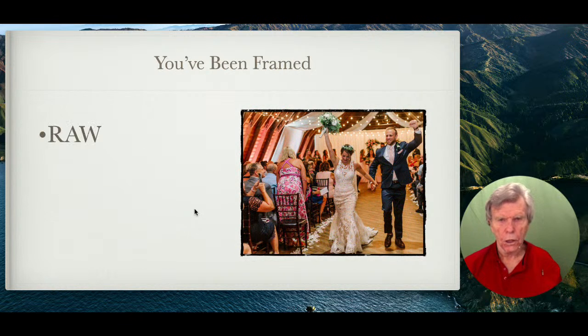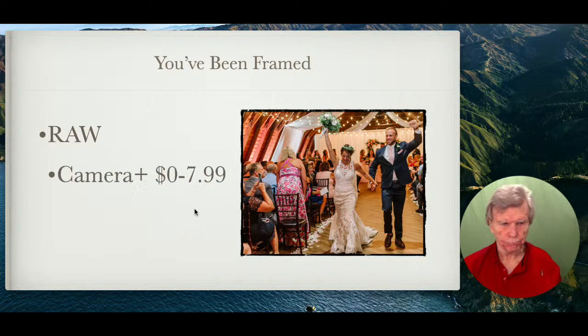So, one way to get a high quality photo is to shoot a raw photo. Now, this is not available natively on your iPhone unless you have a fairly new iPhone. But we'll talk about a workaround for that.